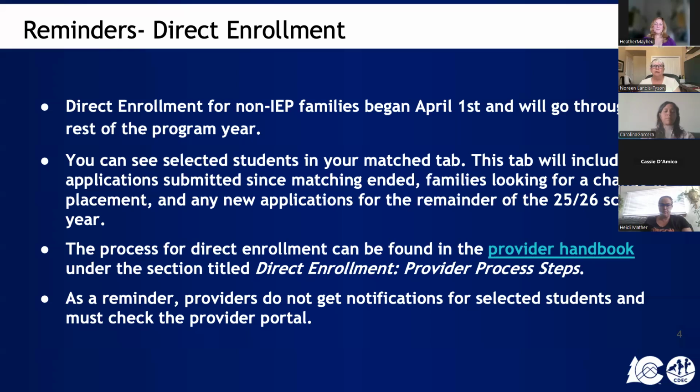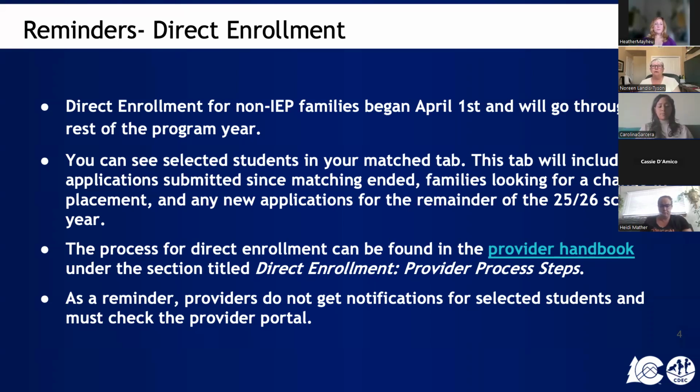And reminder that you can see selected students in your match tab. This is anybody who has submitted an application since matching ended, anybody who is looking for a change in their placement, and new applications for this year. We have applications coming in every day.